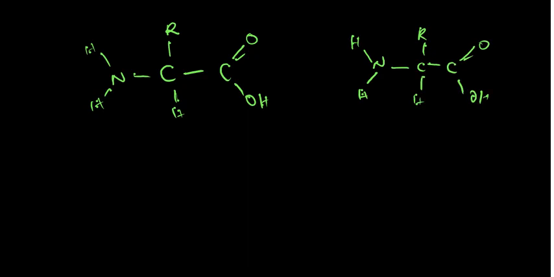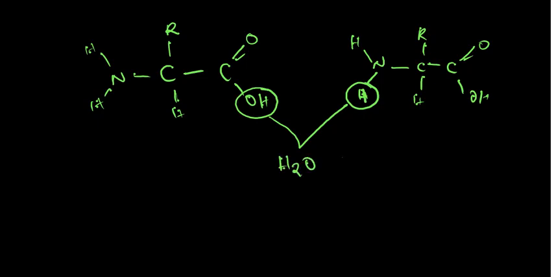Okay. So what happens is that the hydrogen on one amino acid, please take note, reacts with the hydroxide group on a different amino acid, on the carboxylic group. So when these two mix, water is going to be released in the process.